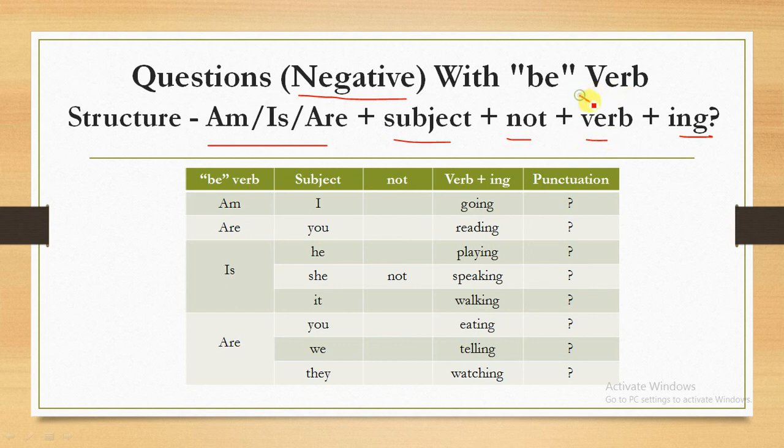Here the verb's first form or base form always comes. Here also we just need to place the be verb before the subject and add not in the sentence. For example, am I not walking, and here is the question mark.